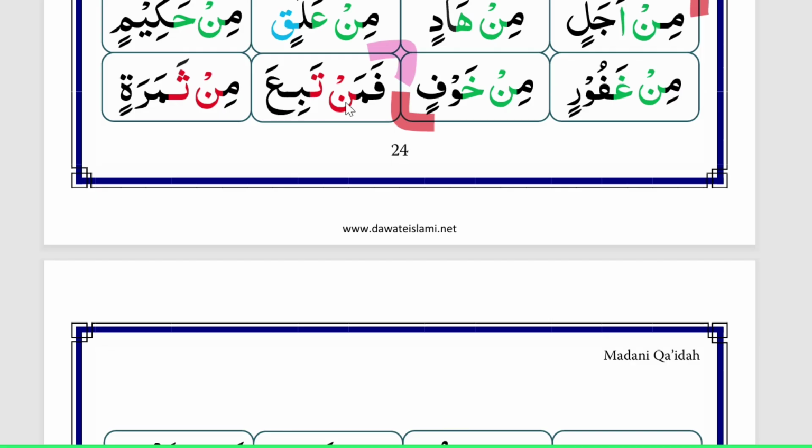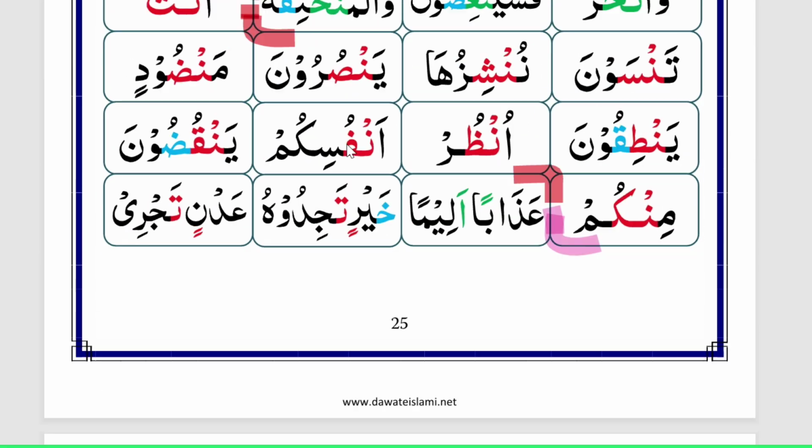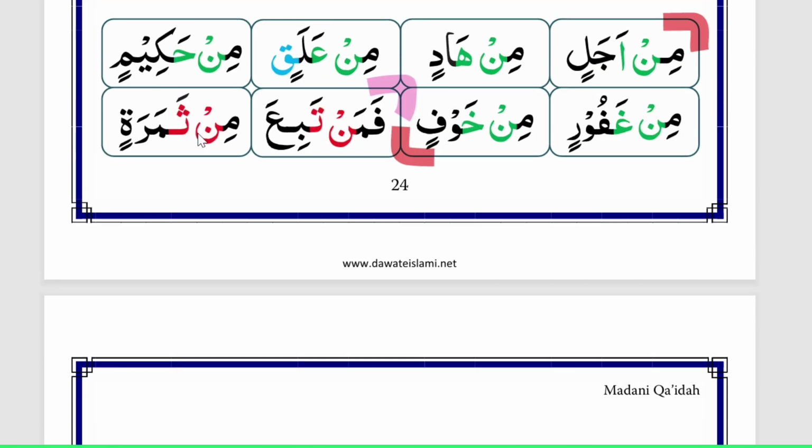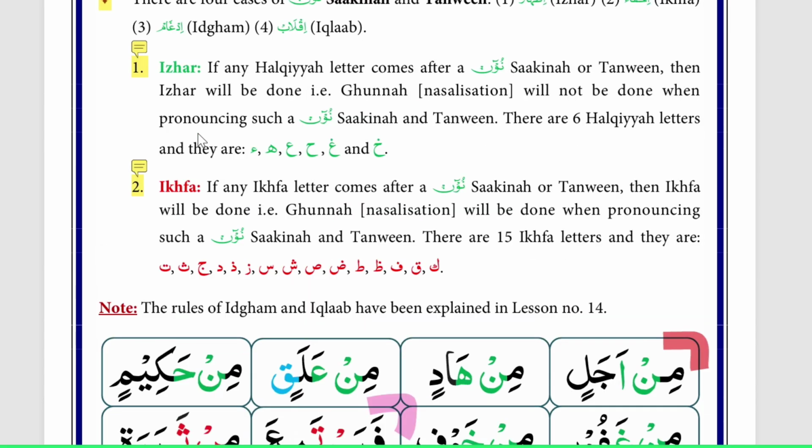In this example, this ta is coming after tanween, so you will make gunna while pronouncing this word, like adnum tajiri, in this way. So you will make gunna while pronouncing noon sakina, which is coming right before an ikhfa letter. Okay, I think this rule is also clear.